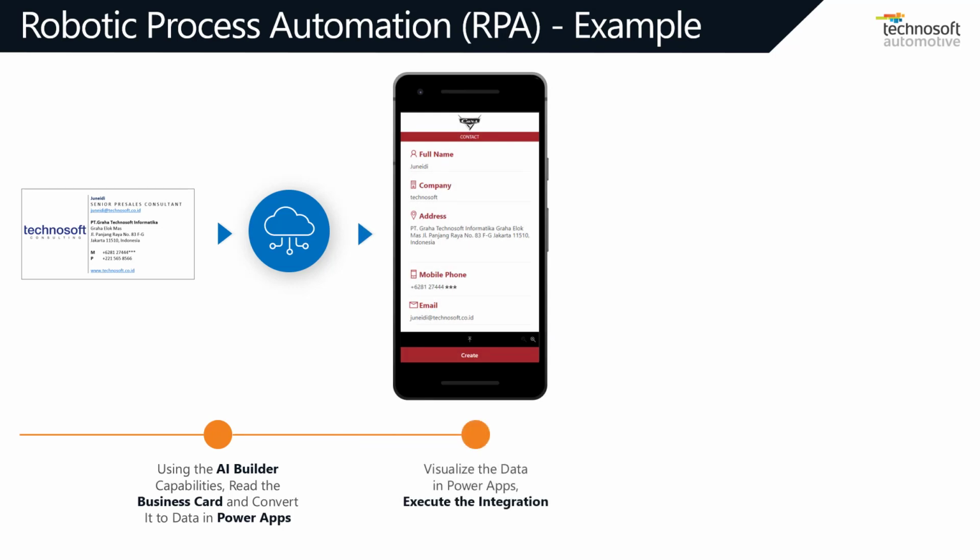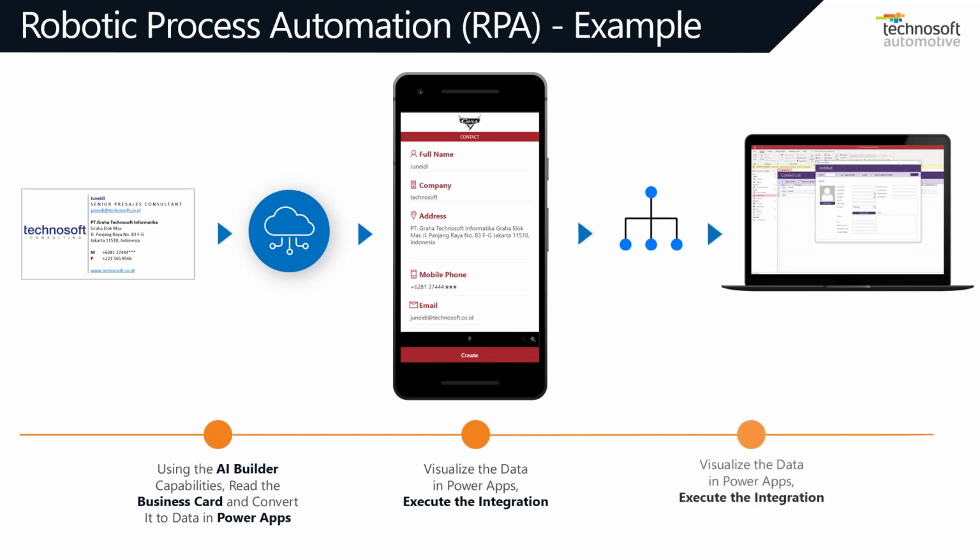Next, assume that we have a legacy application running on Microsoft Access that doesn't have any API, but we really need to create this contact in this system. So we will use RPA to connect and automate this process. I will show you how easily we can create this automation using UI flow and the RPA capability in Power Automate. So let's get started.